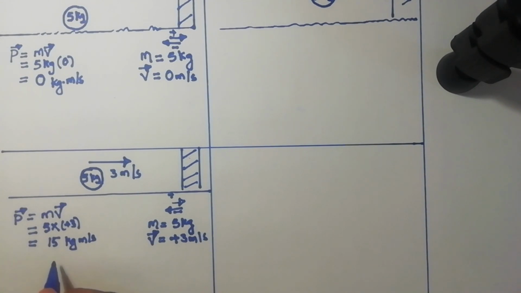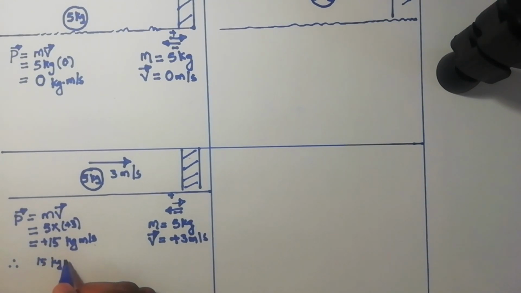Since it is positive, we conclude, therefore the momentum of the ball is 15 kilograms meters per second to the right, or to the positive direction.